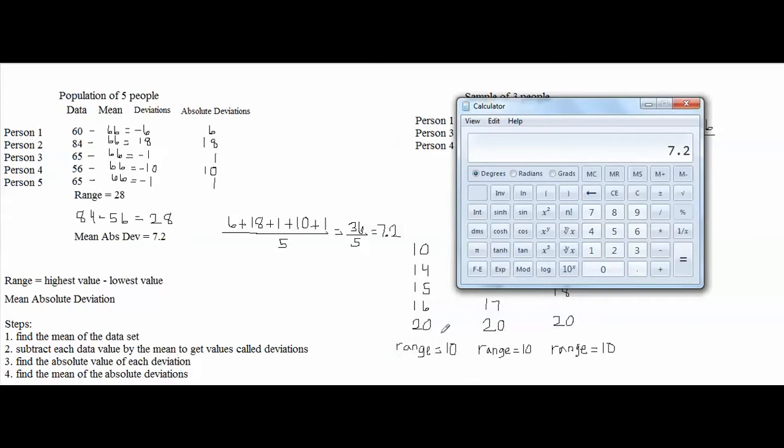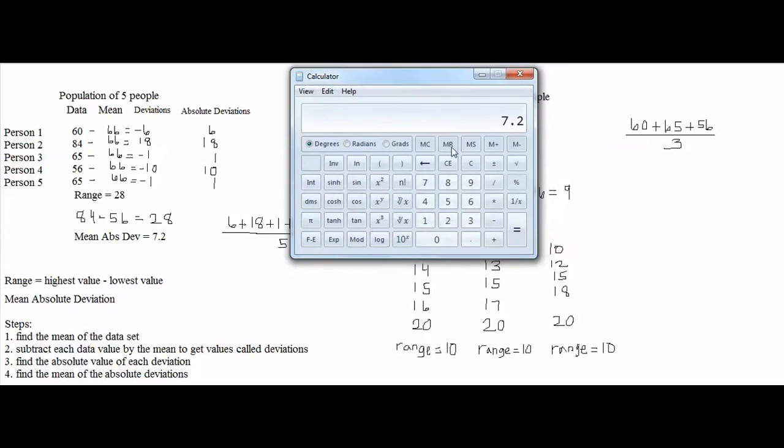Let's add these three numbers. The total is 181. So we'll divide 181 by 3, and we get 60.33.